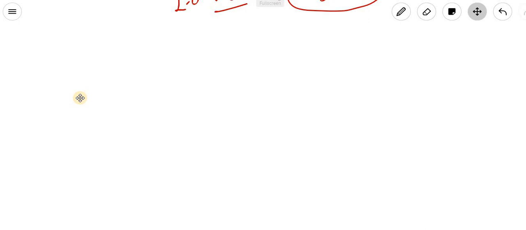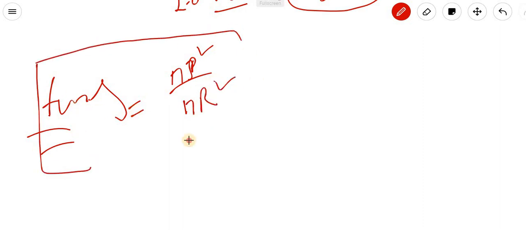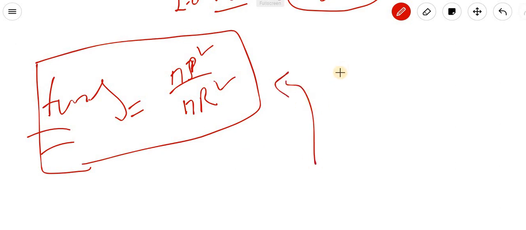Remember one thing: for the internal flux, the turns are pi rho square by pi r square, but for the external flux, only one turn is there, because the external flux links the conductor one time.